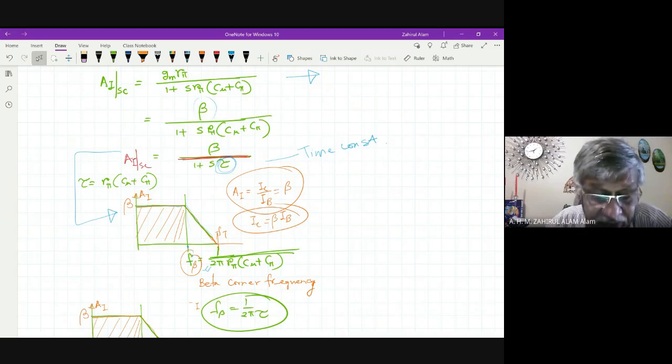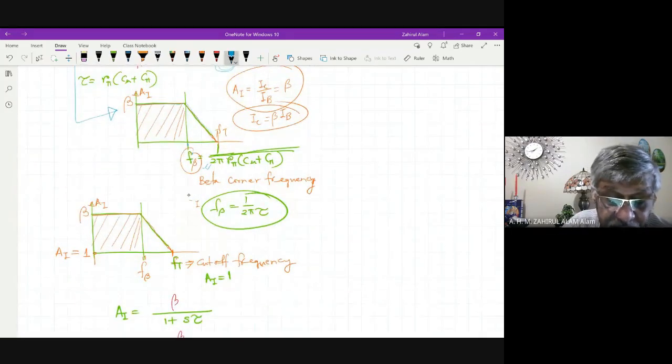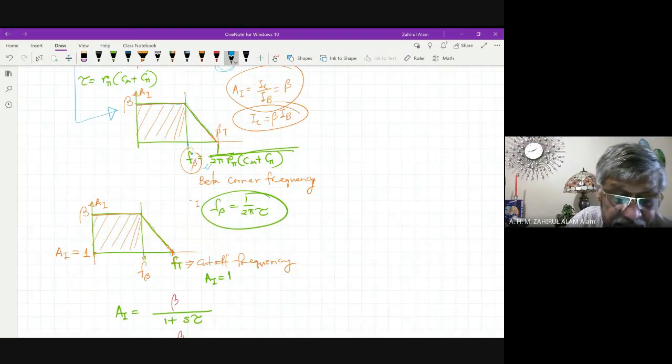Not cutoff, the 3 dB frequency. So what is cutoff frequency? Cutoff frequency is defined as the frequency where the current gain is reduced from the initial low frequency current gain, which is beta, down to 1.